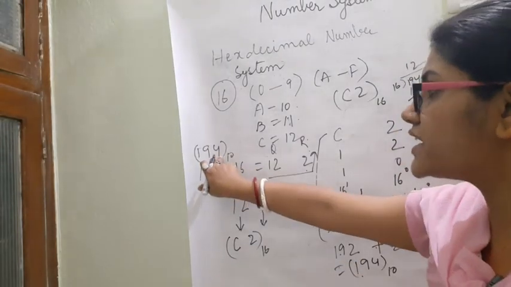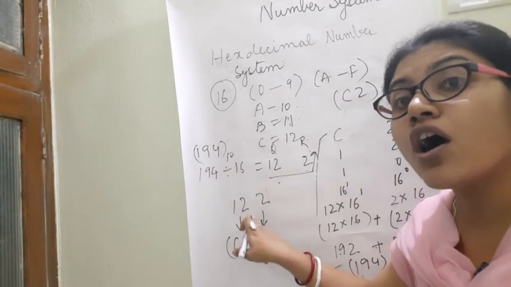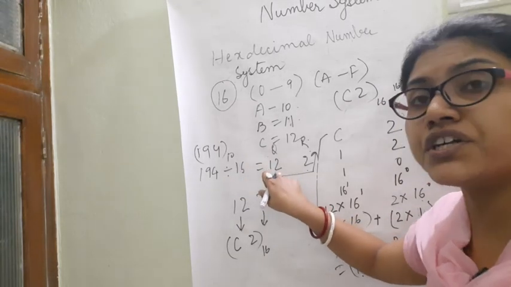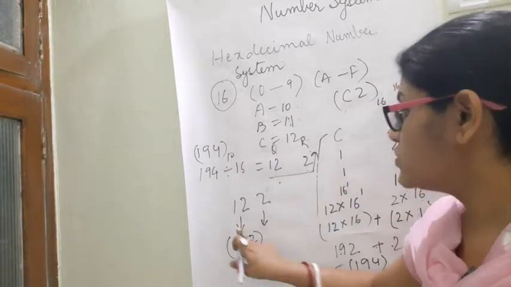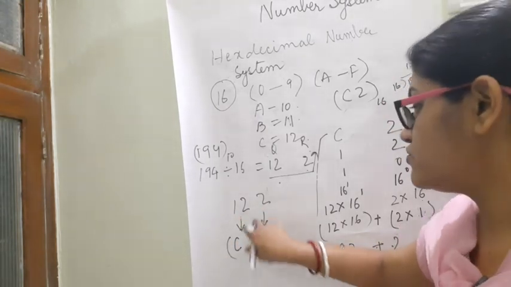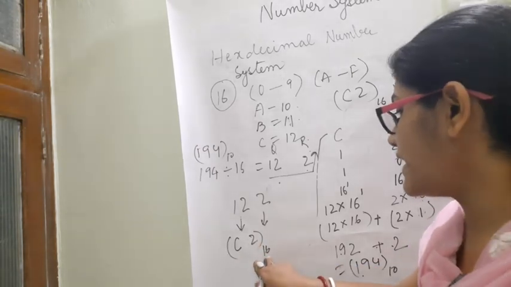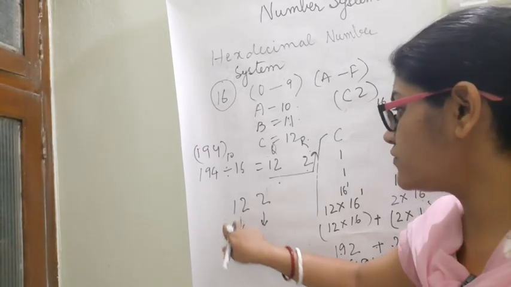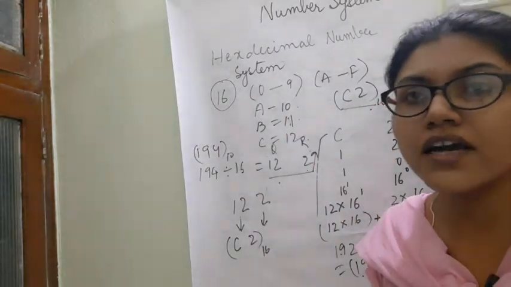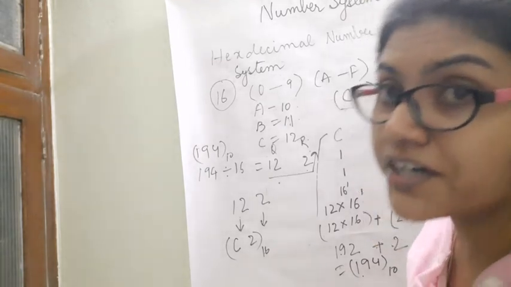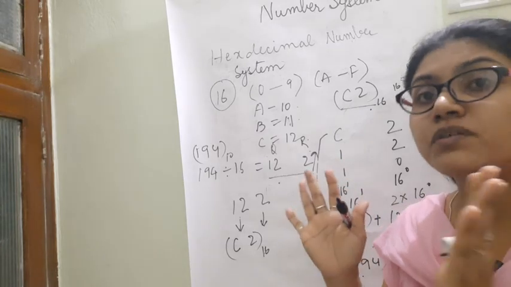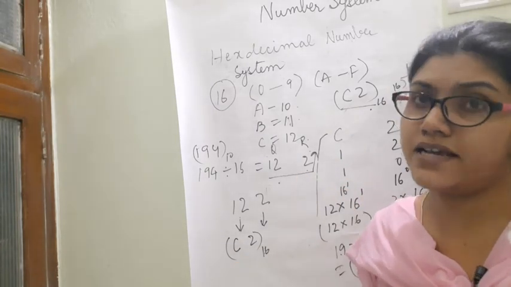Then we converted decimal to hexa. 194 divided by 16: quotient 12, remainder 2. The value of 12 is C, and 2 we write as 2, base 16. So C2. Our answer was C2. So we have proved it and converted it. We have seen conversion from hexa to decimal and decimal to hexa in this way.